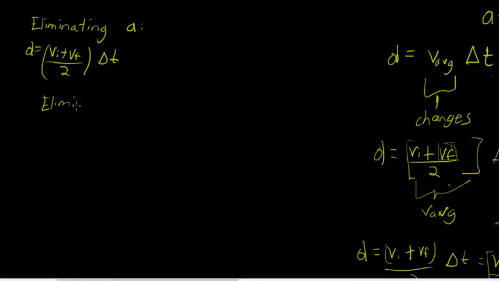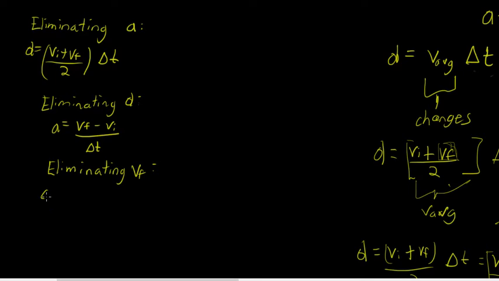Now eliminating displacement, acceleration is final velocity minus initial velocity over the elapsed time. Now eliminating final velocity, we have displacement is initial velocity times elapsed time plus 1/2 times the acceleration times the elapsed time squared.